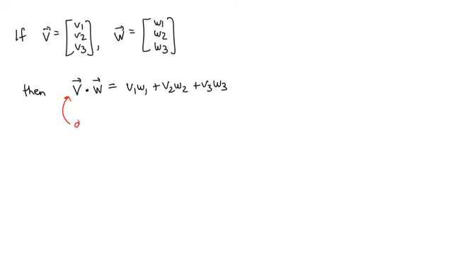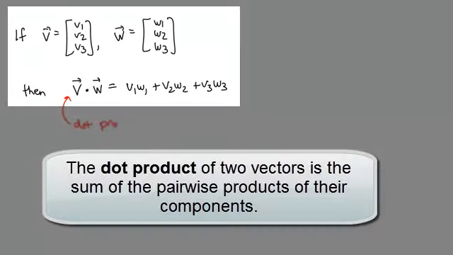And we're going to call this the dot product of v and w. So the dot product of two vectors is the sum of the pairwise products of their components.